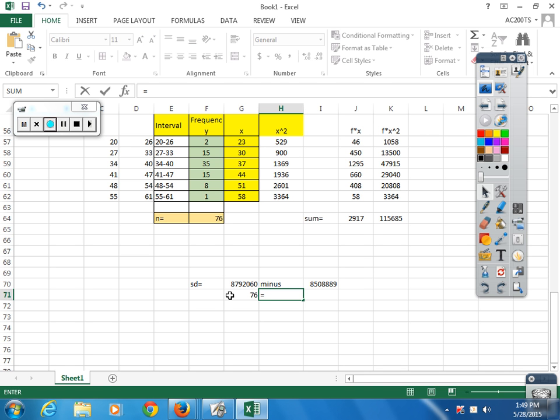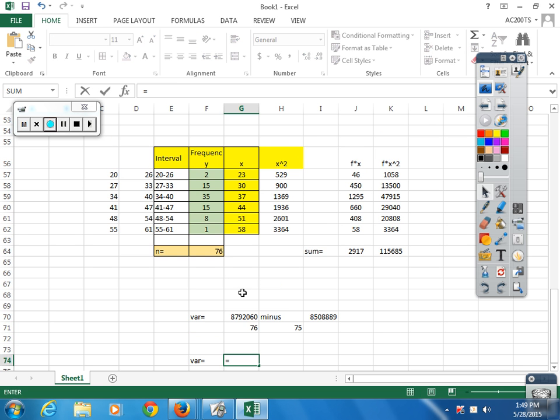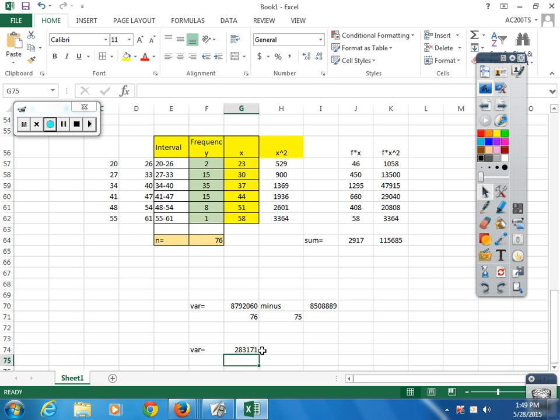Equals this minus 1. And that's variance, not standard deviation. And that's going to be equal to this minus this over this times n minus 1.